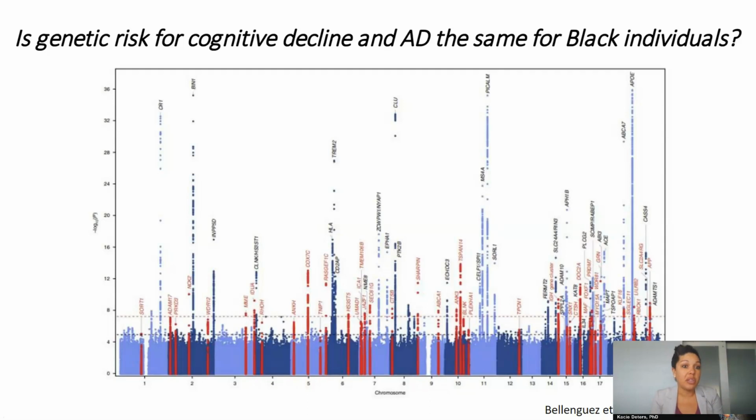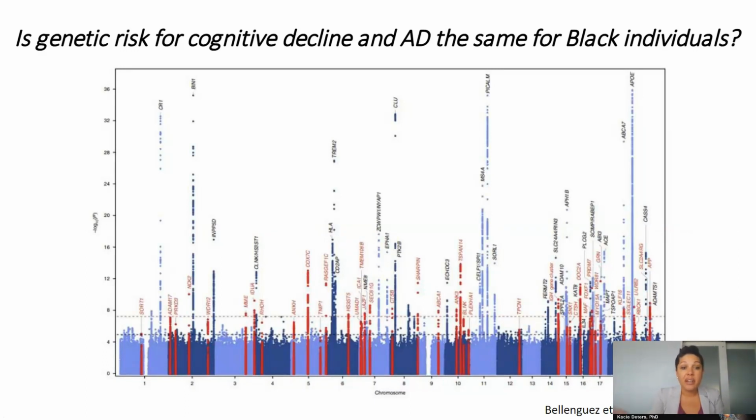This analysis was looking at people with Alzheimer's disease relative to people who are cognitively normal. This is a very large GWAS of around 39,000 people with clinically diagnosed Alzheimer's disease, about 47,000 people with proxy Alzheimer's disease and related dementia cases, and just over 400,000 controls.